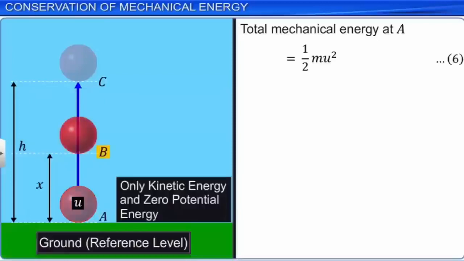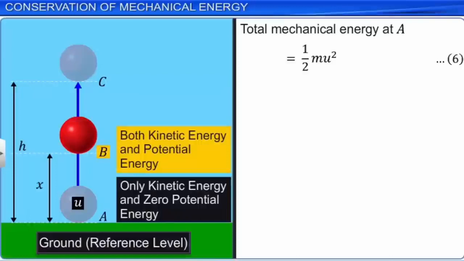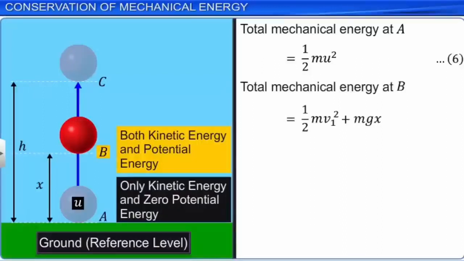At point B, the body possesses both potential and kinetic energies. The potential energy is mgx and the kinetic energy is half mv1 square, where v1 is the velocity of the body at position B. Total mechanical energy at B is denoted by equation 7.